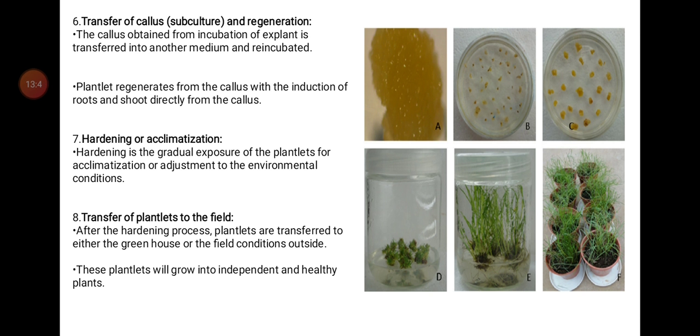Now these small plantlets start to grow, then they are transferred to the field. After the hardening process, plantlets are transferred to either greenhouses or field conditions outside. These plantlets will grow into independent and healthy plants.